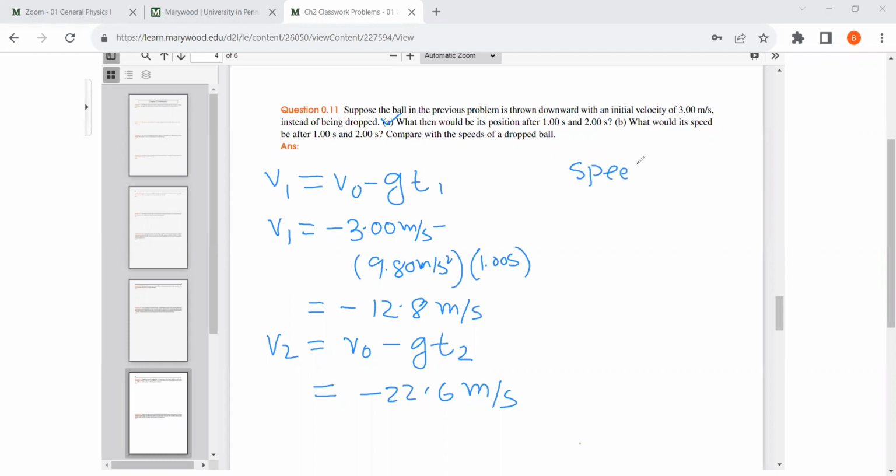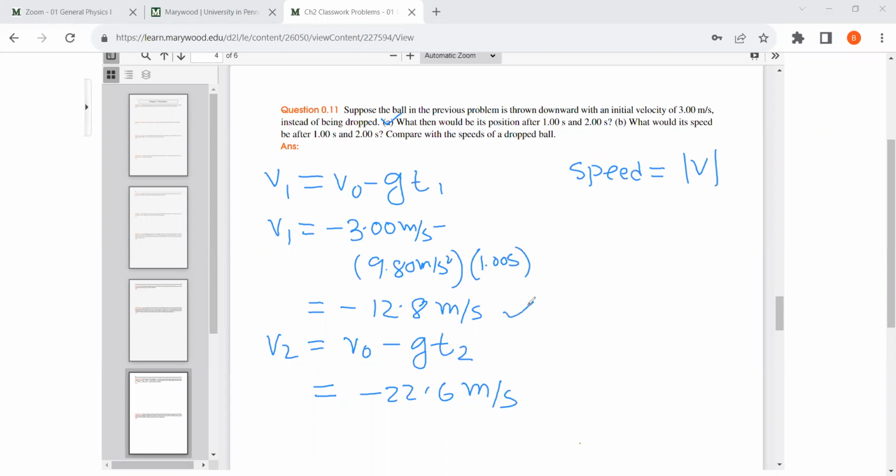Speed is the absolute value of the velocity. Absolute means whatever the value, it will always be positive. So in the last problem, if I want to know the speed instead of velocity, I would just take the absolute value.